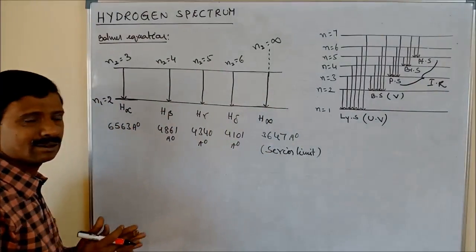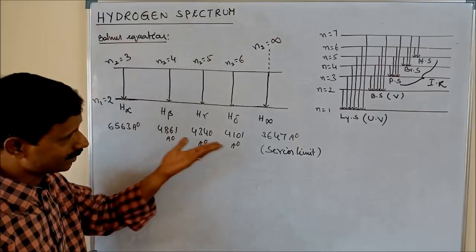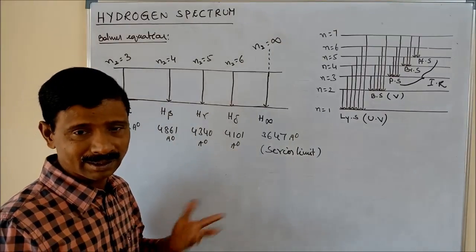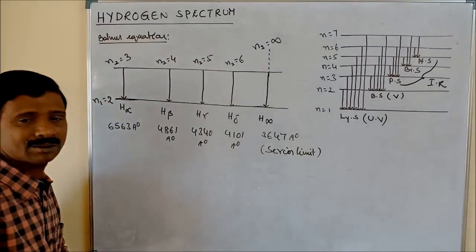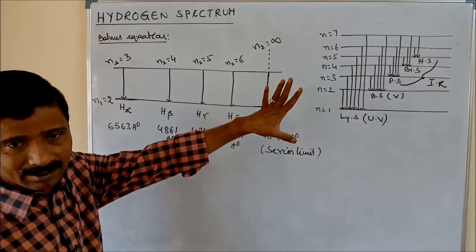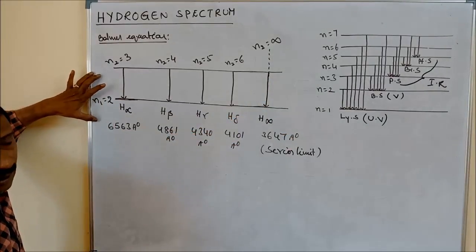So in Balmer series, the series limit is 3647. After that I will give the expression for how to find the series limit in each and every series. So this is regarding the different series of lines, especially related to the Balmer equation.